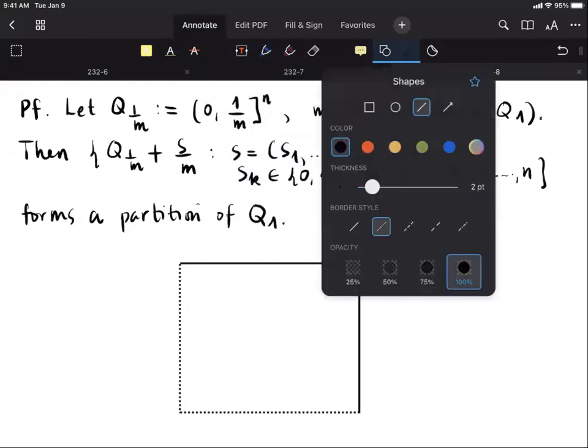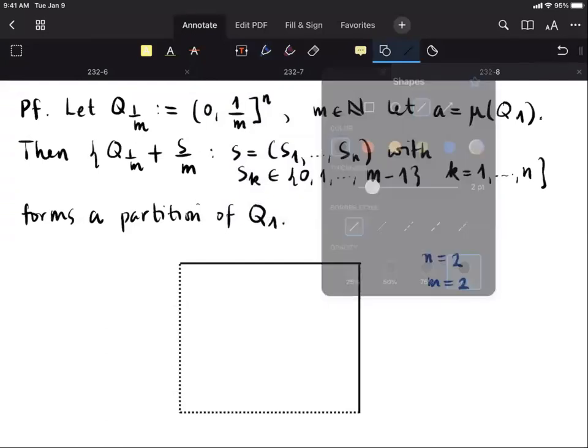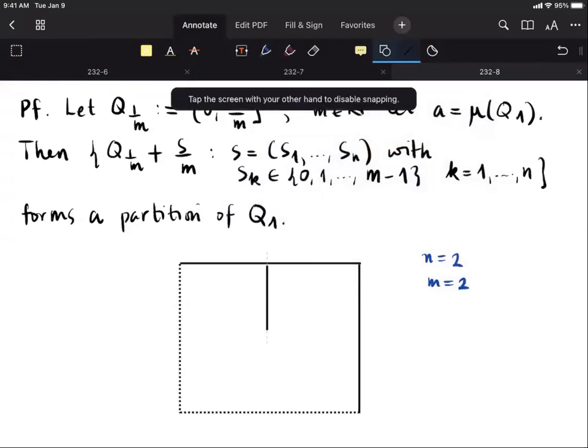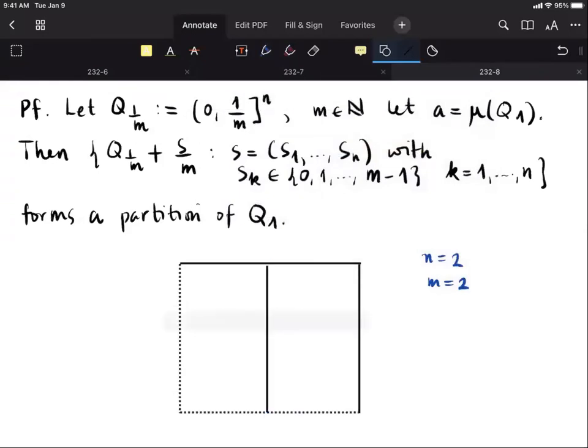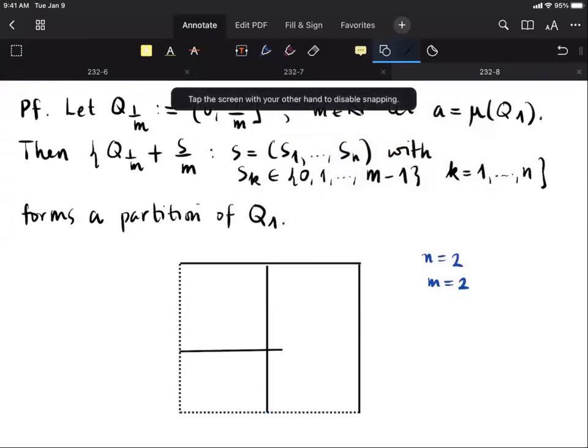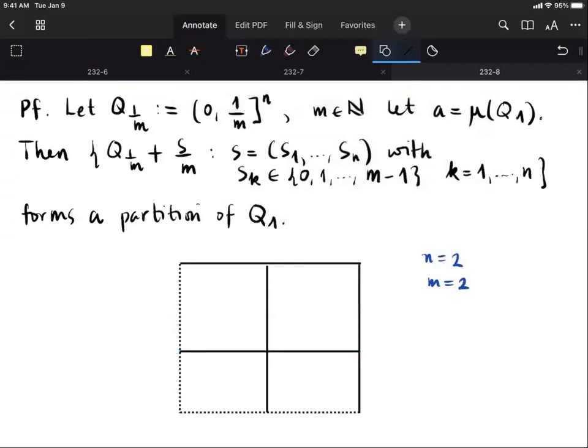So we will divide this into 4 parts. This would be Q sub 1/2.